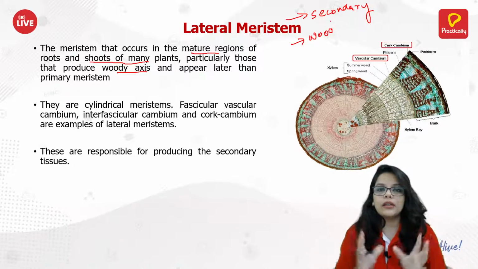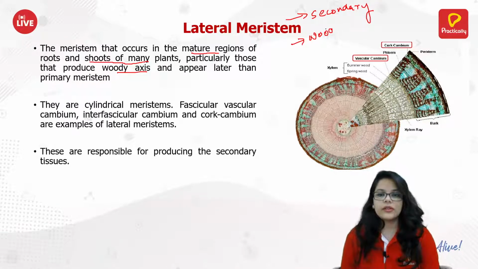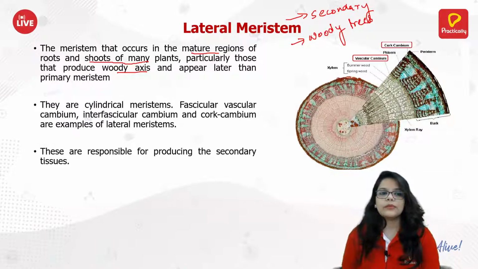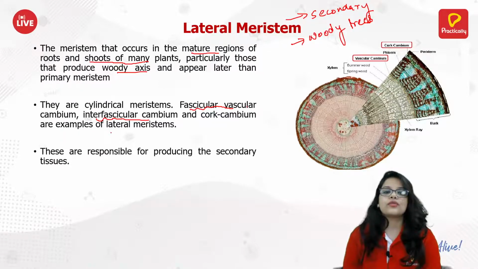They have a wooden bark. Trees which have a wooden bark, lateral meristem occurs in them only. They are cylindrical: fascicular vascular cambium, interfascicular cambium, cork cambium. So these cambium cells are the ones which form the lateral meristems.